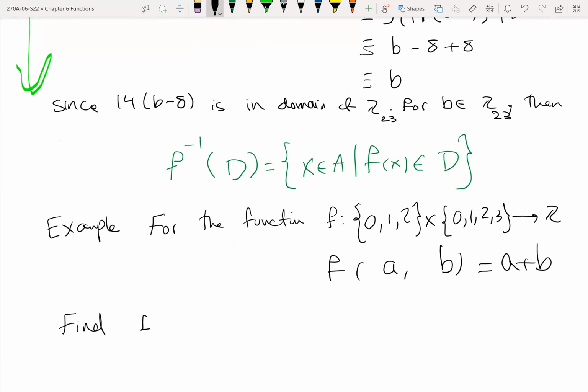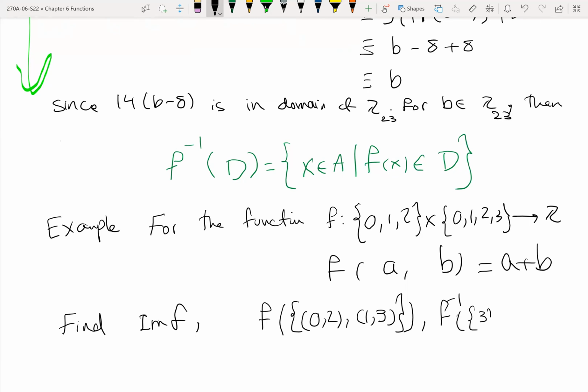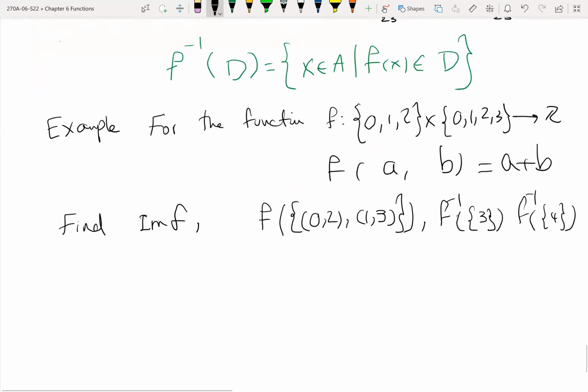What is the value of your function for the set of (0, 2) and the set of (1, 3)? And then f inverse of 3. For this one a table helps because it's not that much, really 3 times 4, 12 elements. That makes sense if you make the whole entire table.